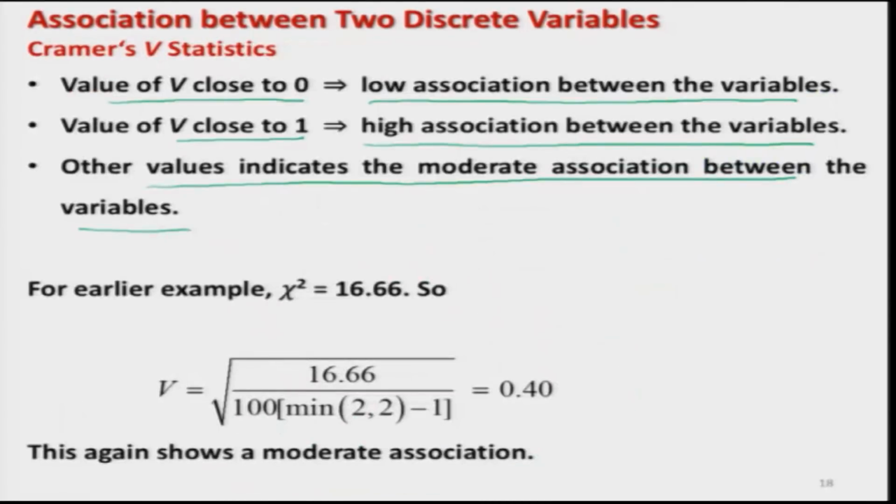So, for the same example I compute the value of V statistic using chi-square equal to 16.66, and this comes out to be 0.40. That would indicate once again that V should lie between 0 and 1, but it is lying somewhere in the middle. So, I can say that there is a moderate association.